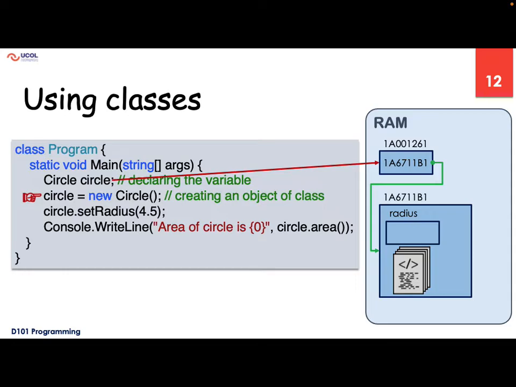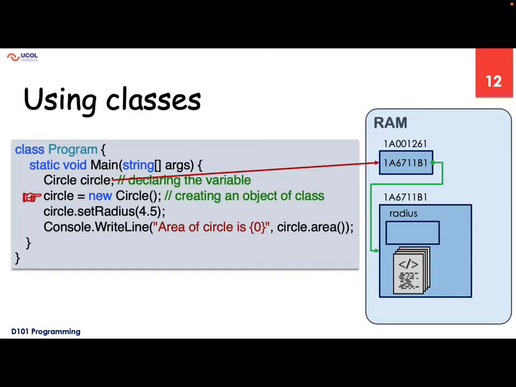This is the object. Class, blueprint, and object, they are two different things. So we have created the instance of the class, or the object of the class, that takes up some memory area in the RAM, and we have the address of that particular memory area that we are going to assign inside the reference type variable, that is circle.